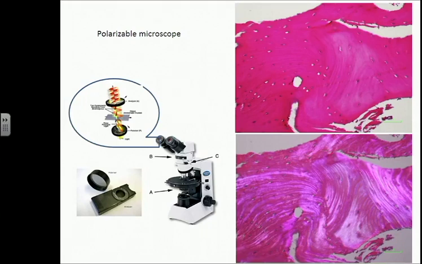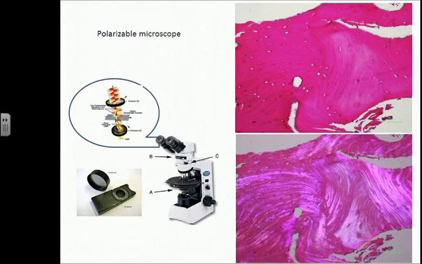So that's why we have this additional piece on the left-hand side called a polarizable piece that we add to our light microscope, and like this we have a polarizing microscope. What this piece does is take advantage of the collagen fiber being able to refract.